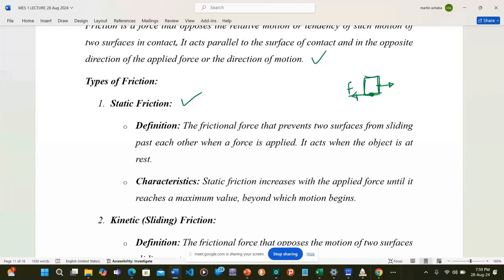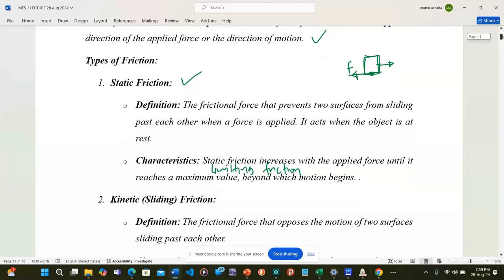Static friction increases with the applied force until it reaches a maximum value beyond which motion begins. And this value is what we call limiting friction. So the value of friction beyond which motion begins is the maximum value of friction, called the limiting friction.